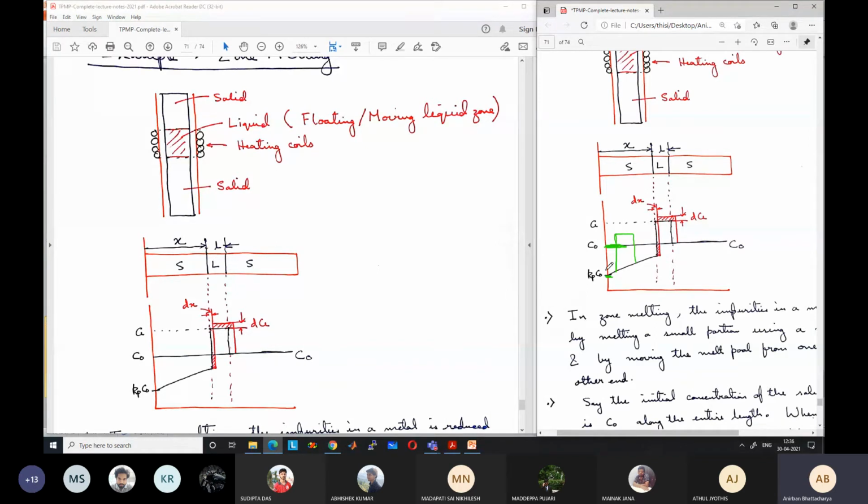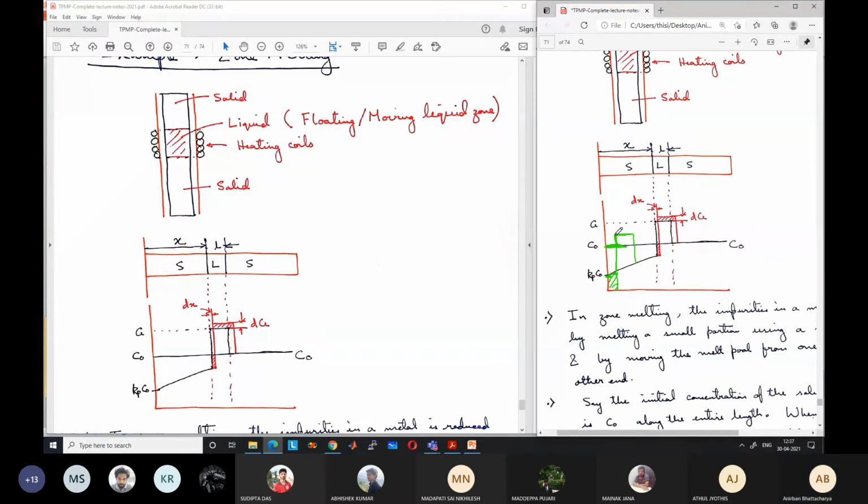Initially in this region the concentration was C0, but now it is around Kp into C0, slightly larger than Kp into C0. So the extra amount of solute that was present has gone into the liquid. As a result, the concentration of the liquid has increased. So instead of C0, the concentration is somewhat larger. This keeps on happening and the concentration in the liquid keeps on increasing.